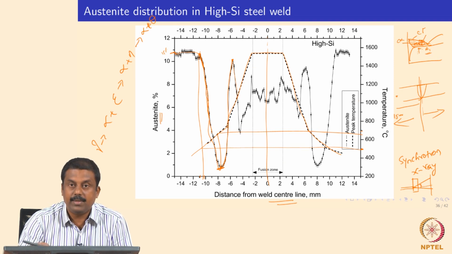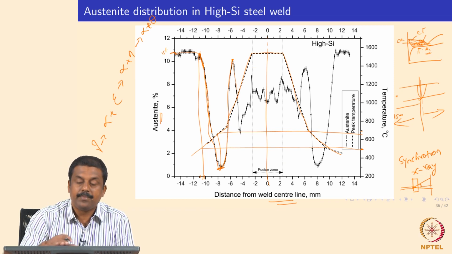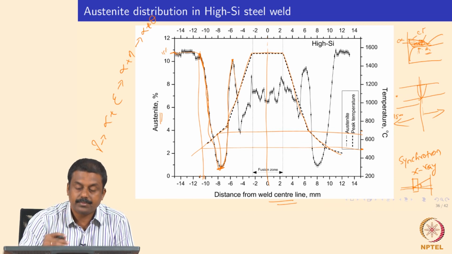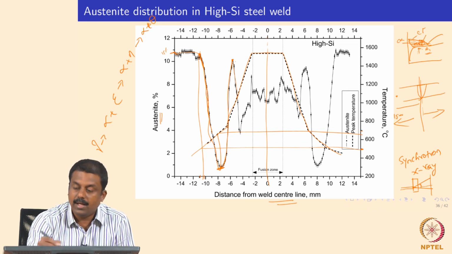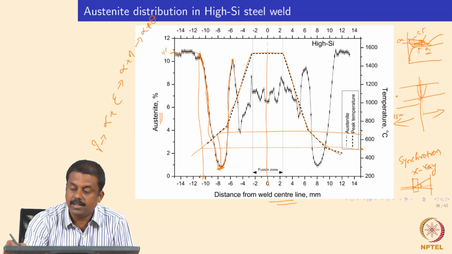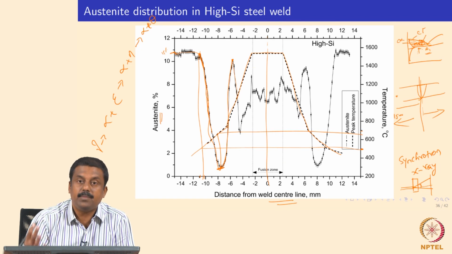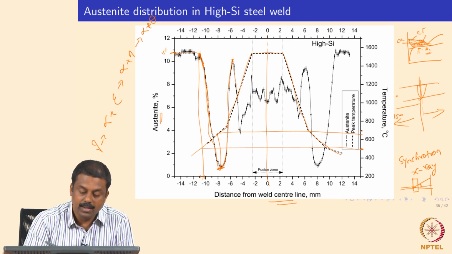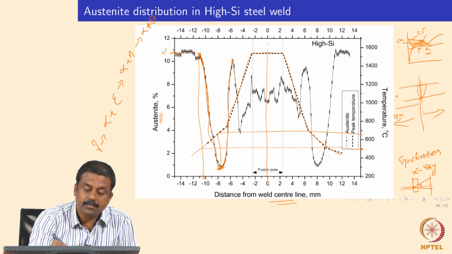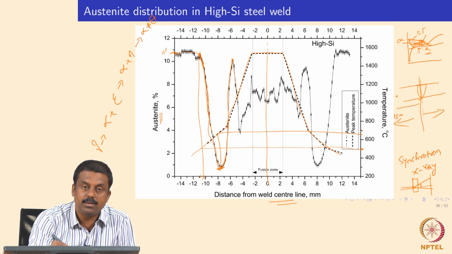We are heating up extremely rapidly, so the entire phase diagram would shift upward. So if A1 is 800 degrees centigrade in the conventional case, in this case it may be different because it is not an equilibrium case, but the principle and fundamentals are the same.